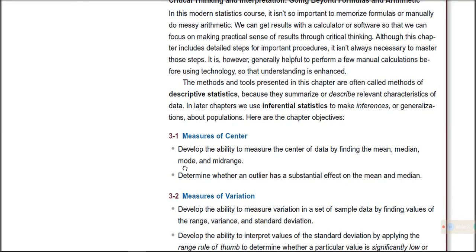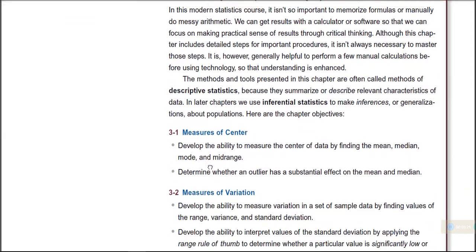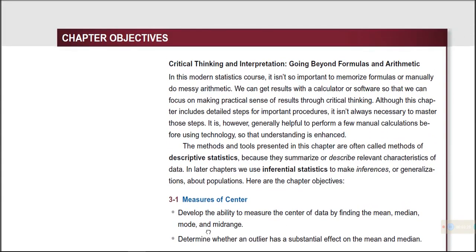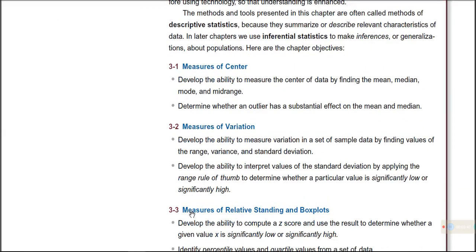Now, let's talk about the chapter objectives, starting with the measures of center. We are not just after the computation or the value. More than that, we need to learn how to analyze and interpret. So first, we have measures of center.